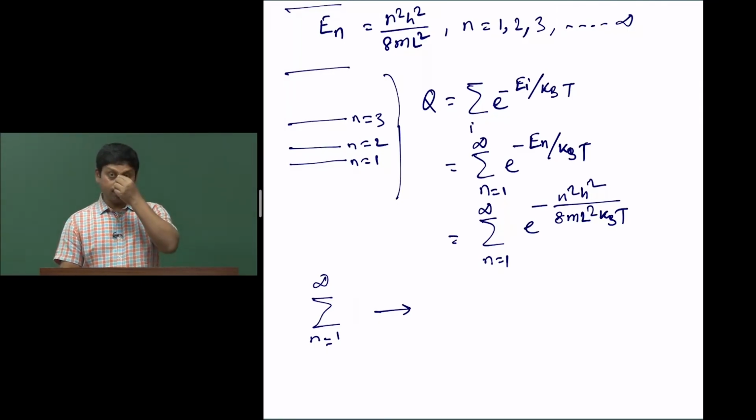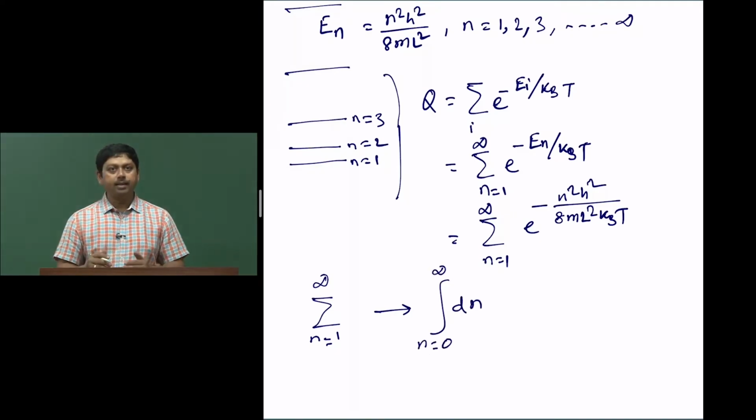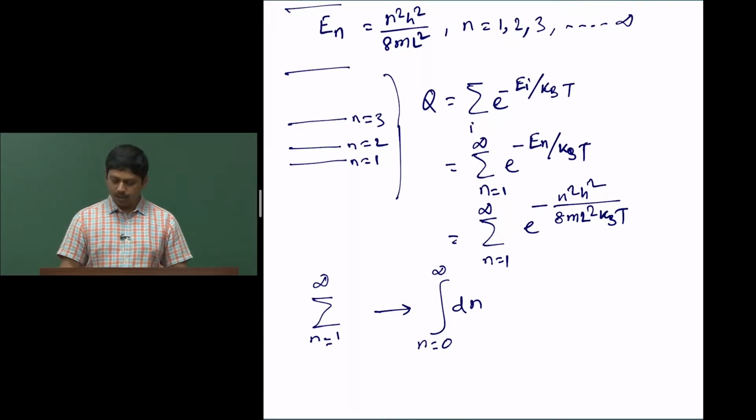Although we are taking all possible values of n, we can write that as an integration of d n that goes all the way from 0 to infinity. We are adding more values in between, but we are assuming that since we are doing an infinite number of points, these differences will not matter so much. So, it is called the discrete to continuous approximation.